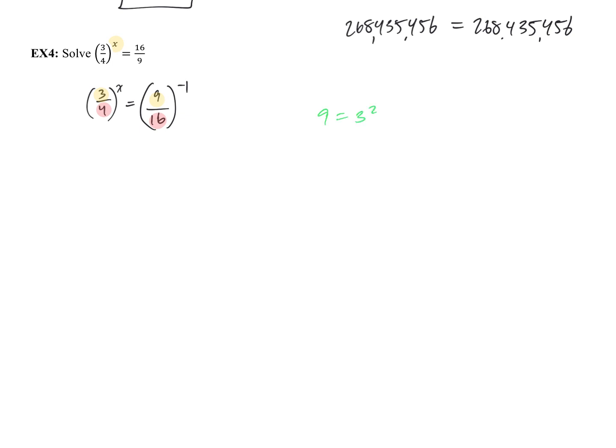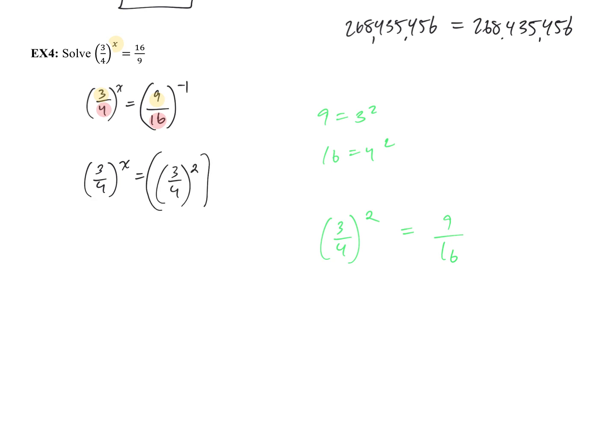So 3 over 4 squared is 9 over 16. Let's rewrite 9 over 16 as 3 over 4, squared, and that is still to the negative 1 power.